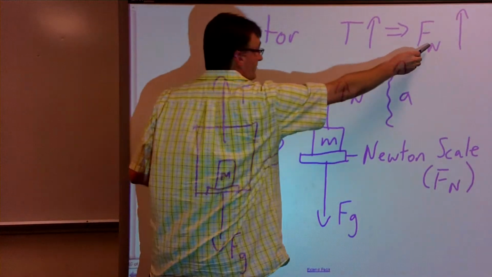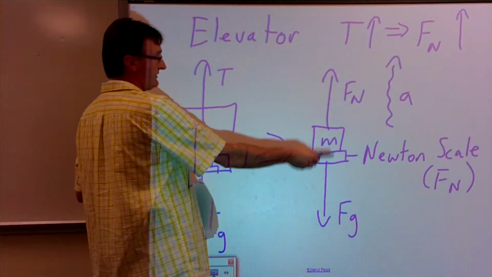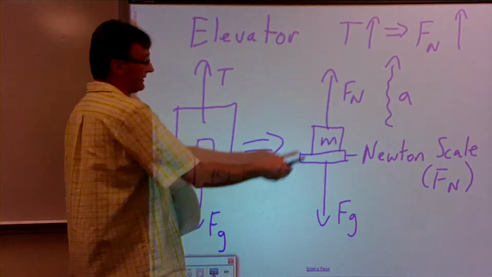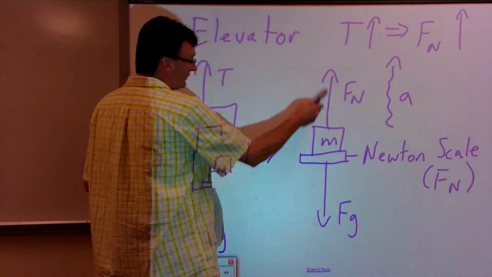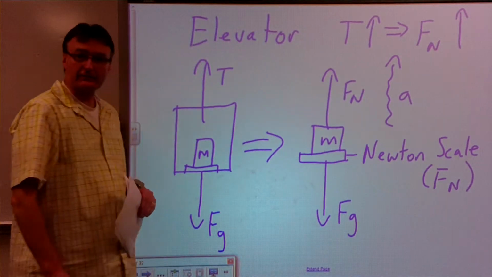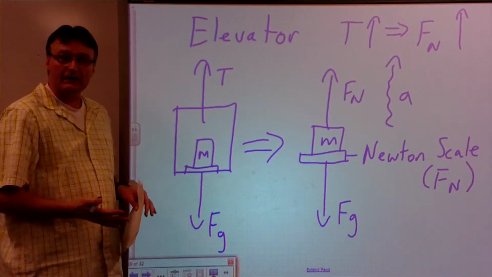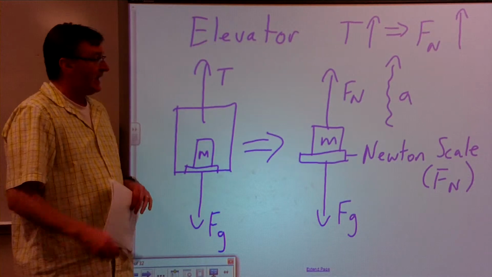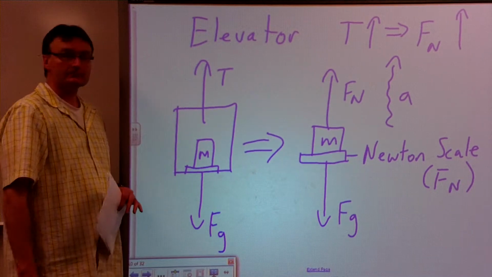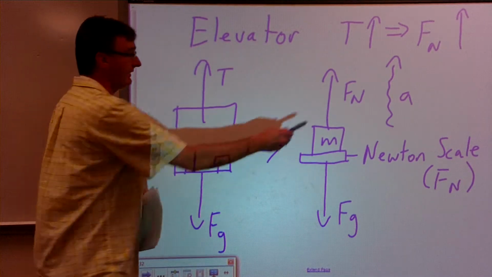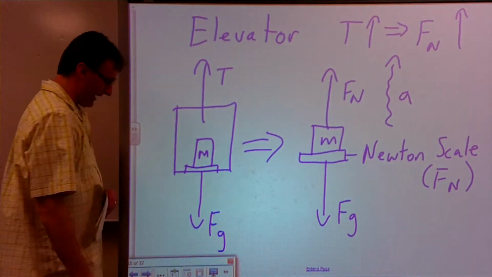That means the normal force also has to increase in order for you to accelerate upward with the elevator. Hopefully you move with the elevator. So your normal force will be greater than the force of gravity, just for that instant while the elevator is accelerating. Then when it reaches constant speed, fairly soon, the forces will be equal again. The normal force will equal the force of gravity.